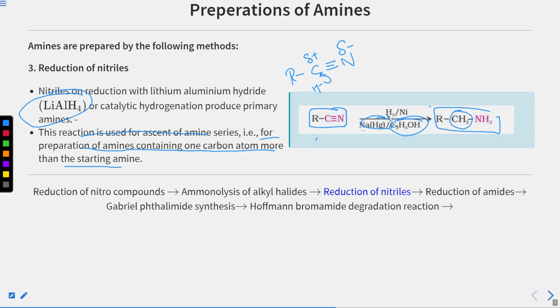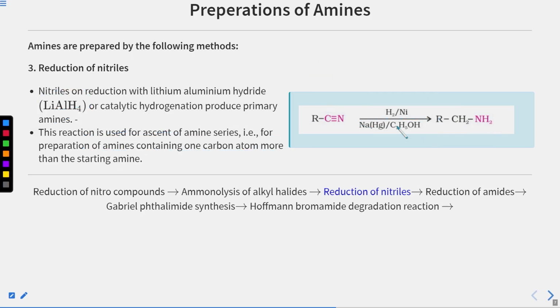First of all, we can use catalytic hydrogenation, or we can use LiAlH4. Both are good. You can use both of them. But the problem with this reaction is you can only produce primary amine. Why is it so? What is the reason behind it? Think over it. Because you can see that this nitrile has only one left valency, that is an alkyl group.